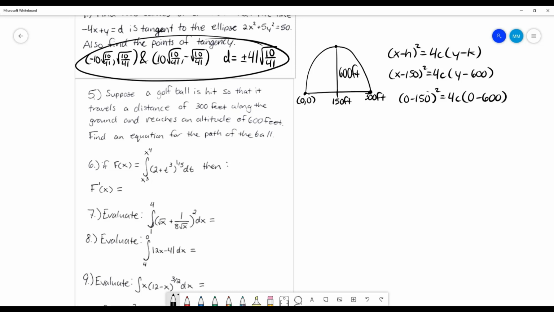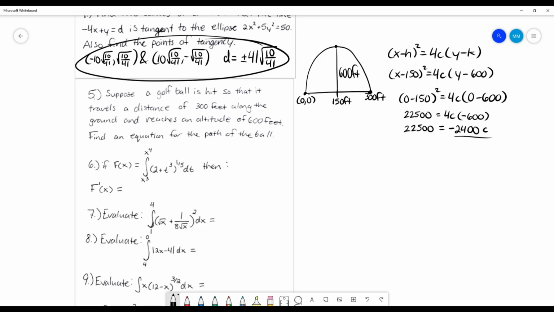And then from here, oof, that's a big number. Well, I know 15 squared is 225, so it's going to be 225 with 2 zeros at the end, equals 4 times c times negative 600. So that's 22,500 equals, and I actually distribute that, so negative 2,400 c.